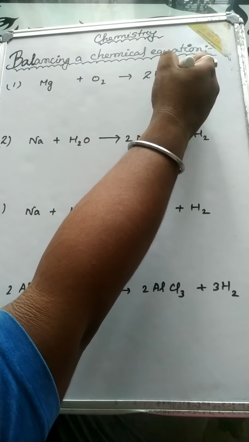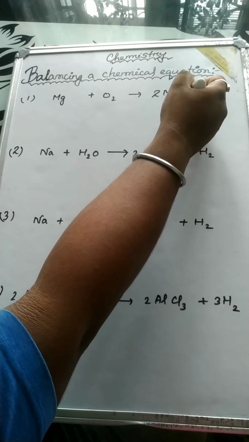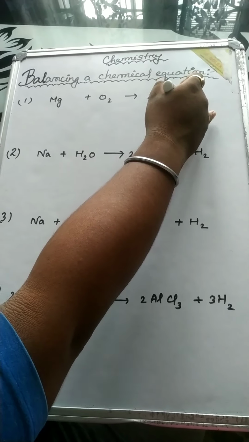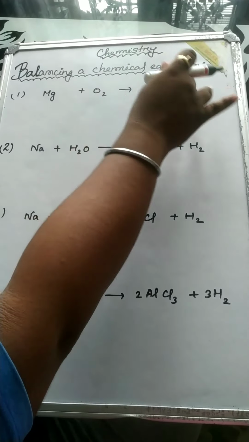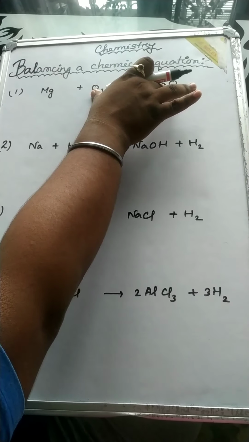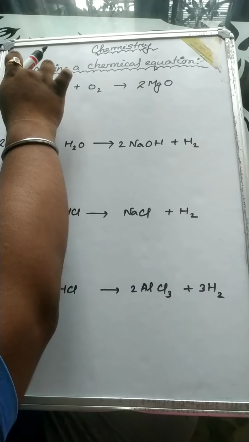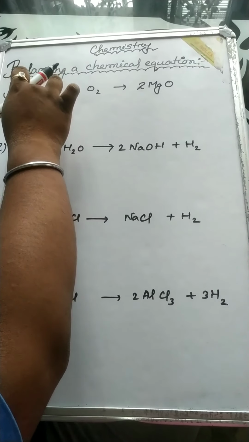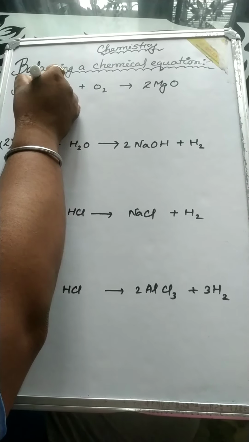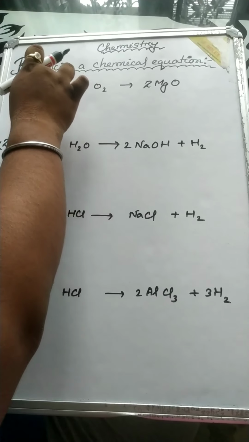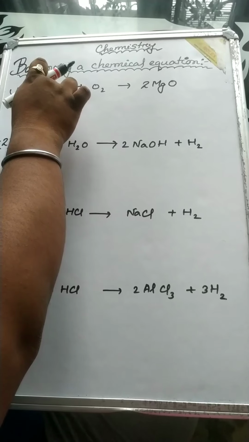Oxygen is equal on both sides. But magnesium has only one atom on the reactant side, so we can write a 2 before it. That means Mg2, two atoms of magnesium are there.